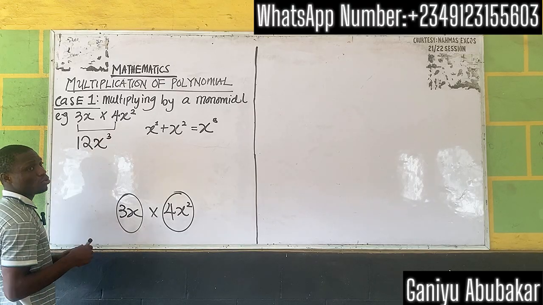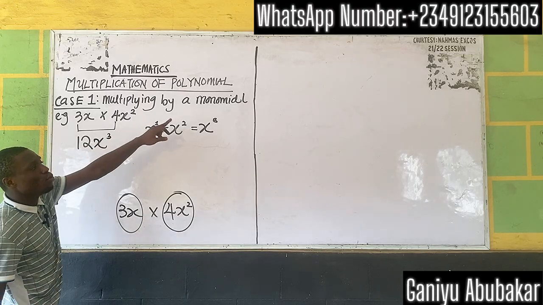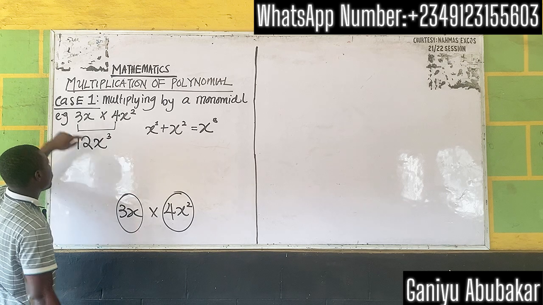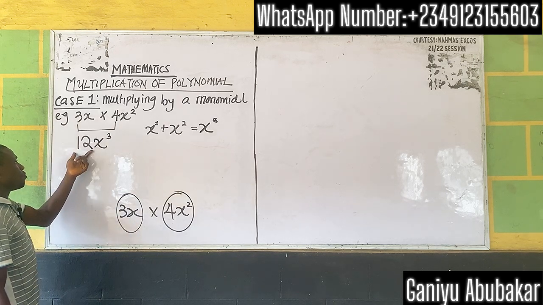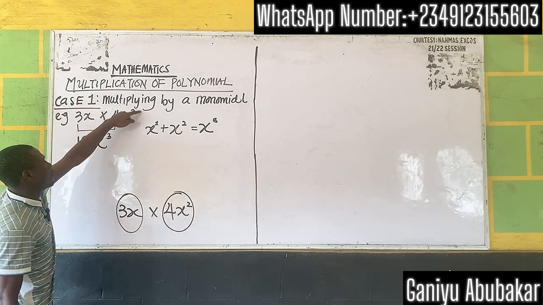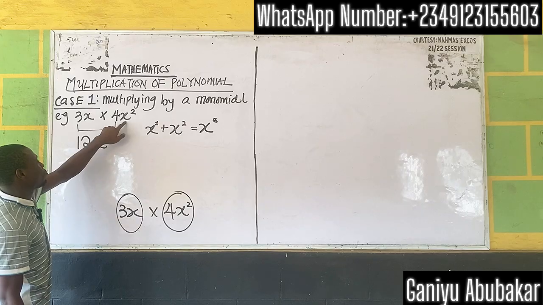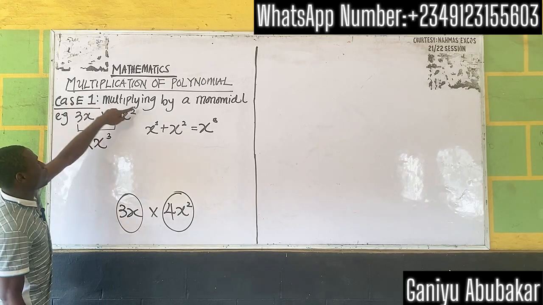So the way is simple. When multiplying a monomial by a monomial, multiply the values to get 12, and add the powers for the same base x: 1 plus 2 gives you 3.